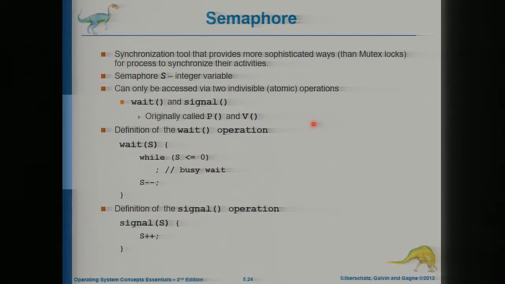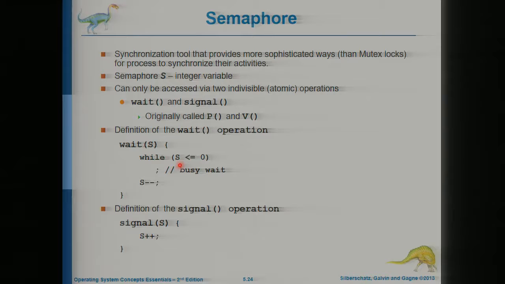So the definition of wait and signal is given here. If you see here, the wait method says wait on S, where S is a semaphore. The semaphore variable is an integer variable. So if wait S is less than or equal to 0.